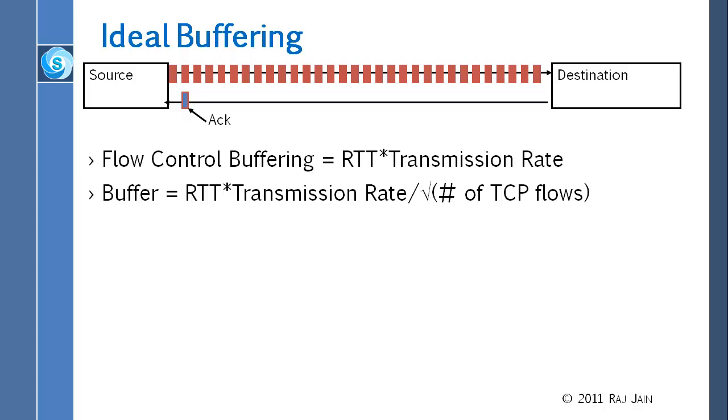So the source has to send so many messages so that it doesn't have to wait before the first acknowledgement comes, it is already ready to send the next message. So it is busy for the whole round trip. Otherwise, if it is only halfway, then it will be just waiting for nothing. Okay. So the buffering should be this much, and this is the full amount if there is only one user. So this is for one user, and this is for n users.